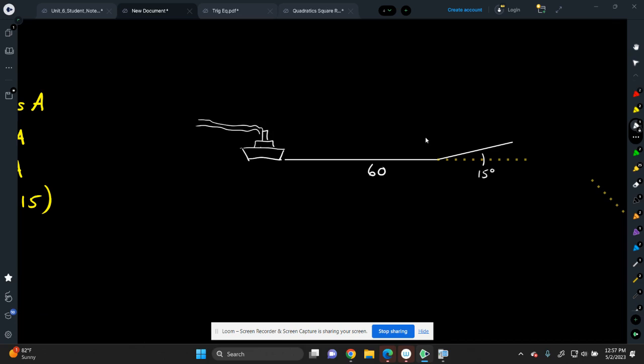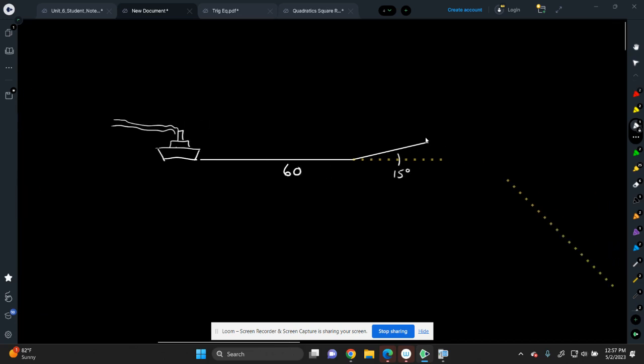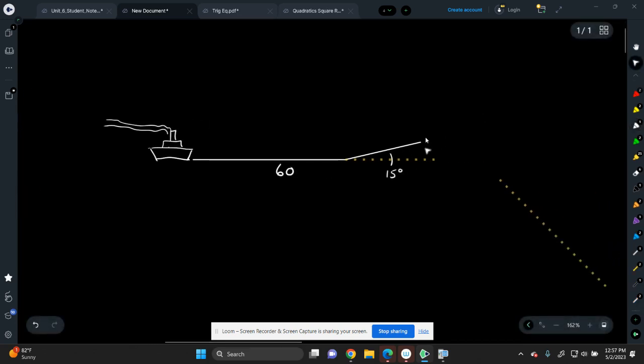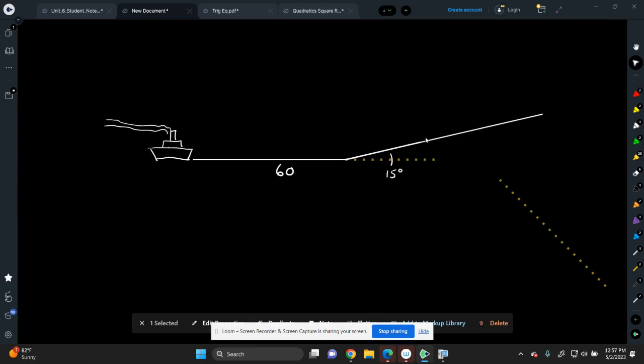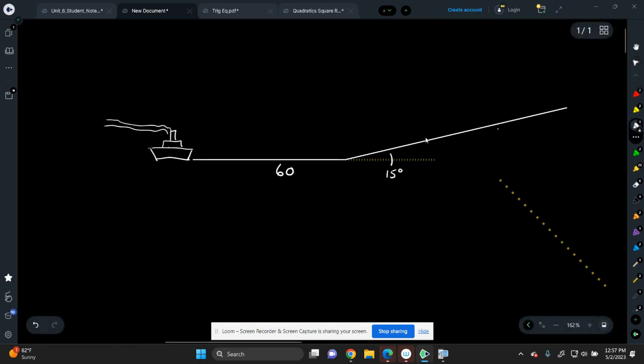After traveling 80 miles in this new direction, so we travel 80 miles in this new direction. I'm going to make this line longer than the 60-mile one. Okay, 80 miles.